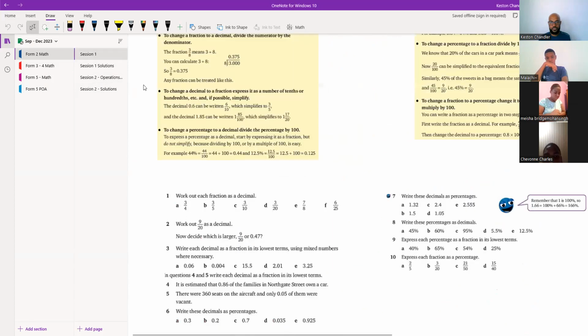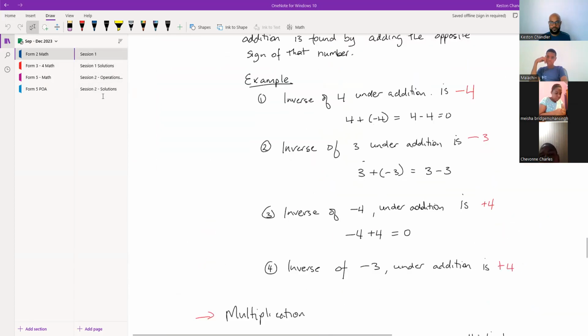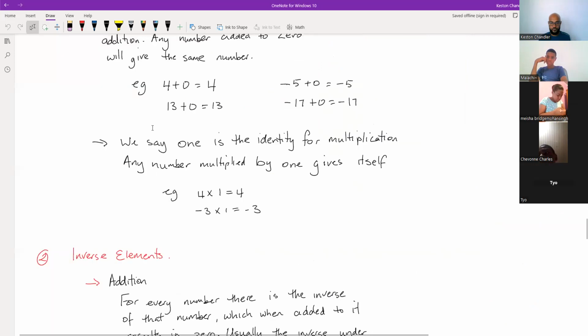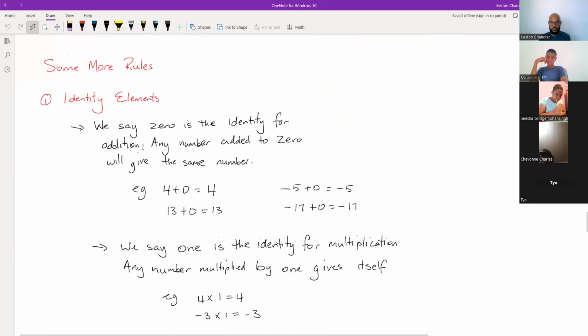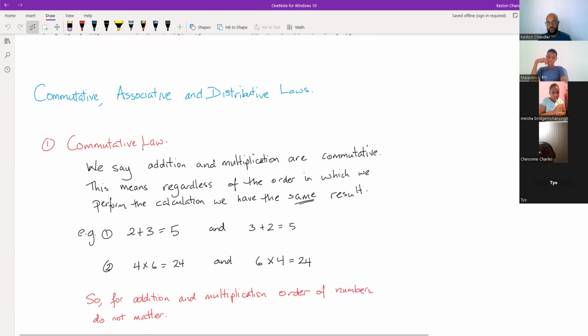So I'm going to get started with where we left off last week. Right, so we're going to get started now. So first off, we're going to talk about some laws that pertain to addition and multiplication. All right.